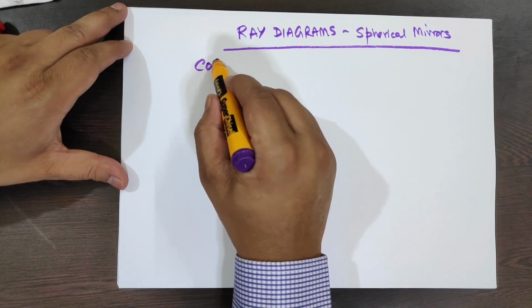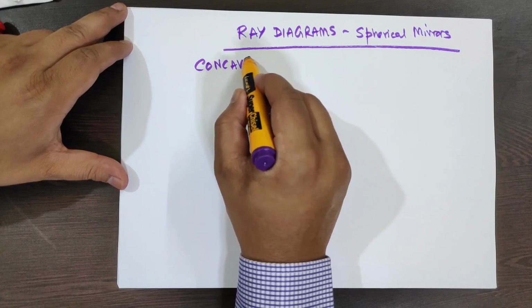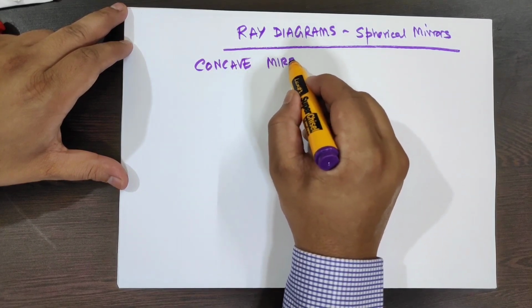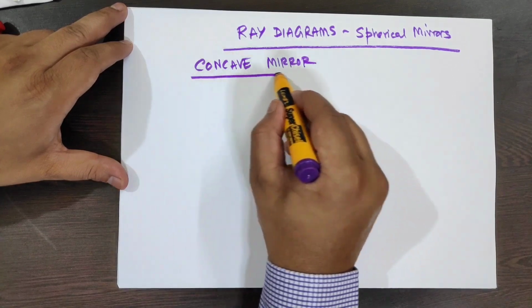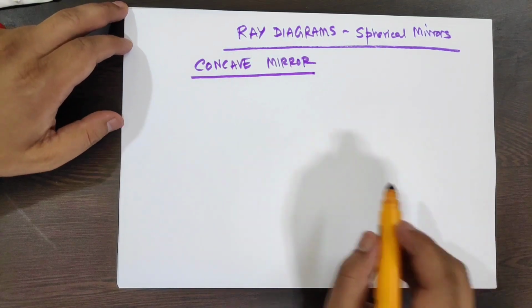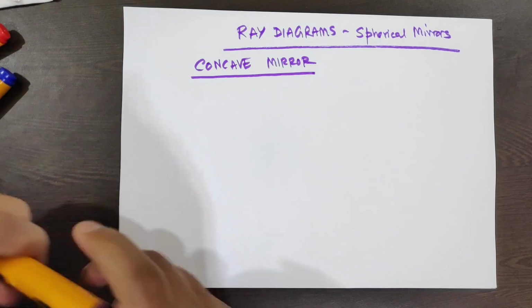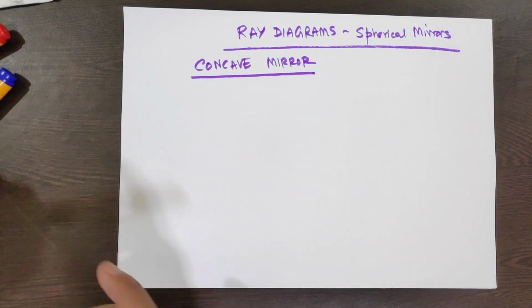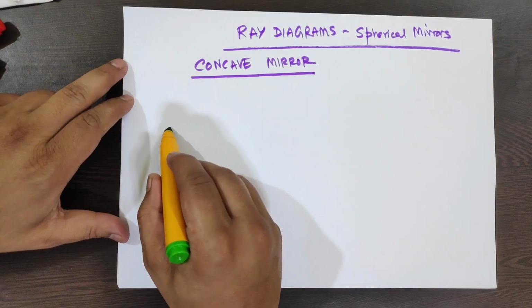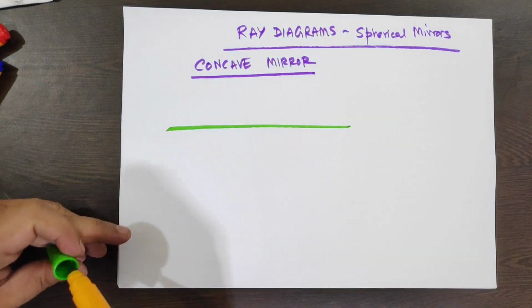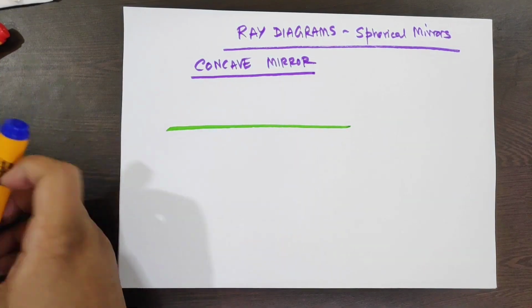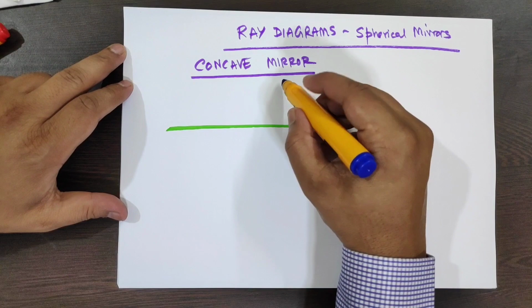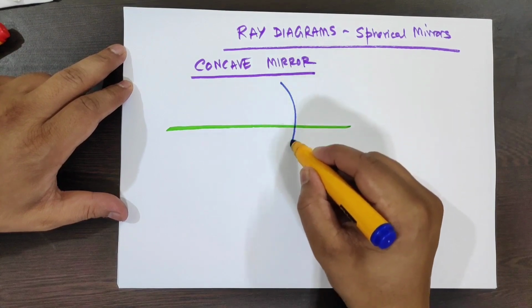So let's take first concave mirror. So there will be several cases we will be dealing with. First case, principal axis. So draw for point objects first. So that is the concave mirror.